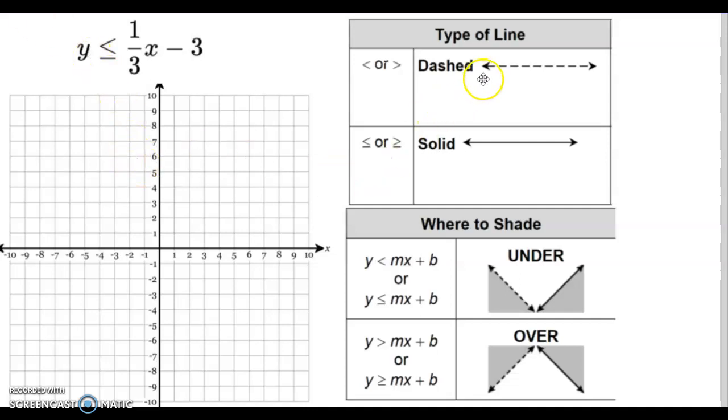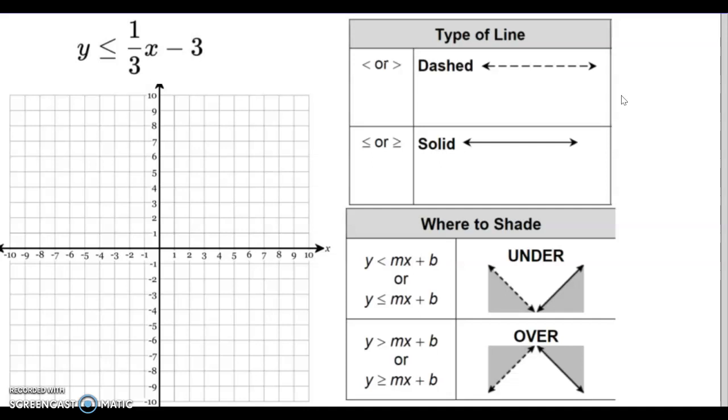So over here I got some notes to let you know what the line should look like and what your shading should be. So here, if you have a sign inequality, it doesn't have an equal to, you use a dash. Similar to when you're graphing a straight line and you don't have the equal to, you use an open circle.